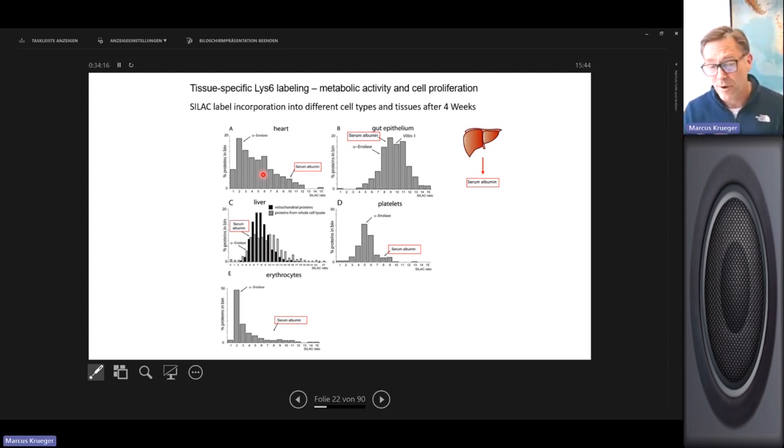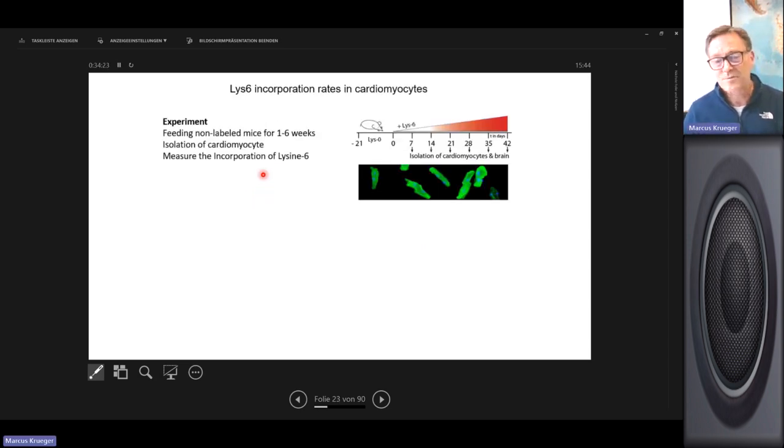But of course, the comparison of different proteins is then difficult. Therefore, we decided to study the half-life of specific proteins in cardiomyocytes. The heart contains not only cardiomyocytes, but also other cells like fibroblasts, endothelial cells, and probably immune cells.